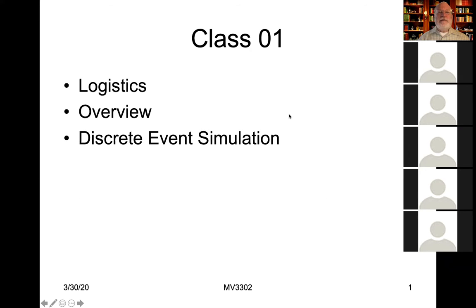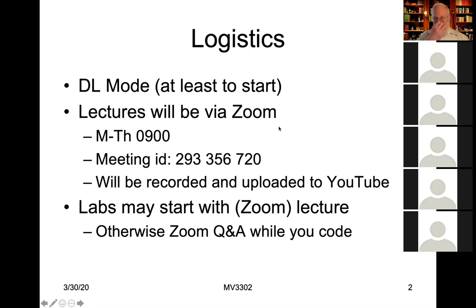Okay, all right. So here in the first class, first I want to go over some logistics because they're going to be a little different than usual, and give a rough overview, and then just start you off on what discrete event simulation is all about. So first, logistics. As you may notice, we're in DL mode, at least to start, as long as this shelter-in-place business is in effect.